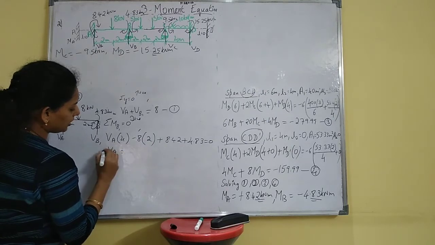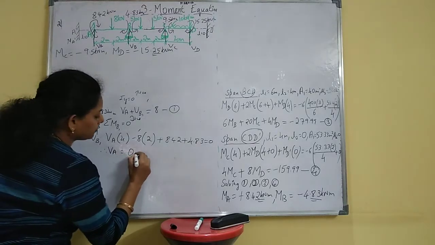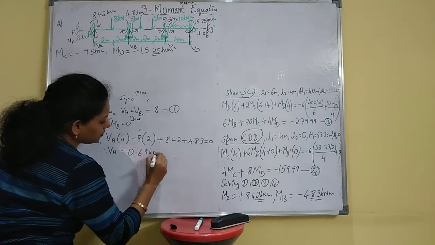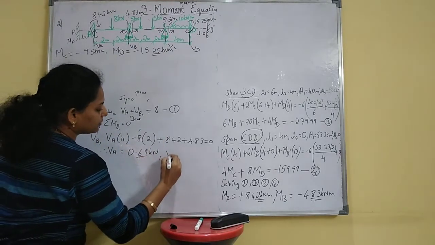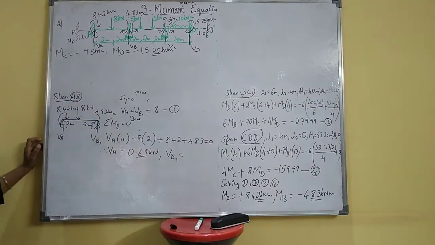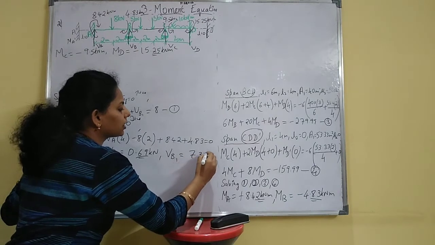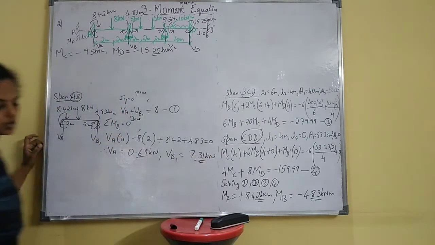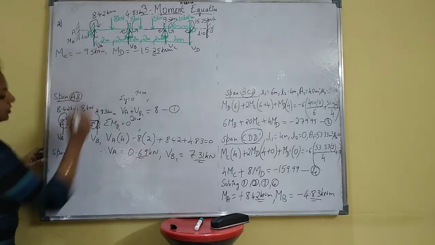Therefore calculate and get the value of VA. So VA will be 0.69 kilonewton. Once you know VA, just substitute back 8 minus 0.69, so you will have VB1. So VB1 is nothing but 7.31 kilonewton. Okay.